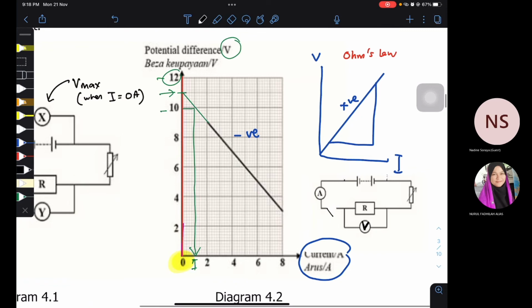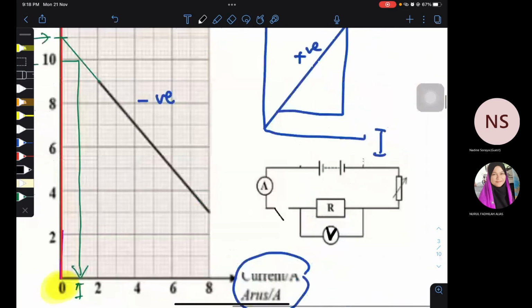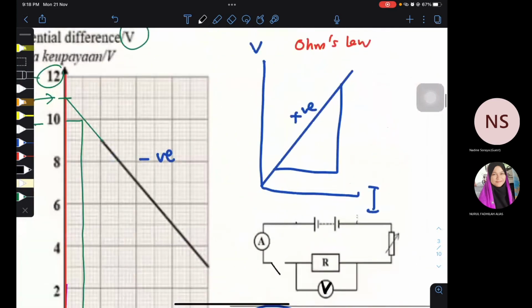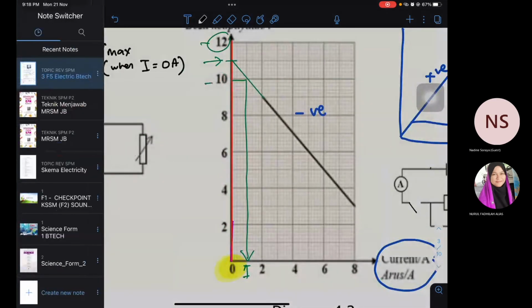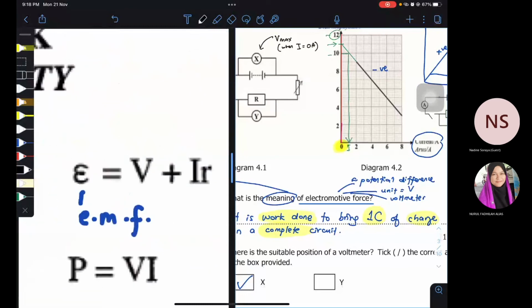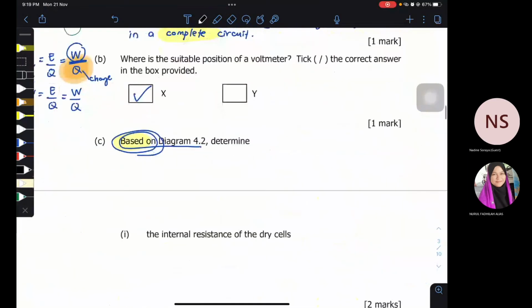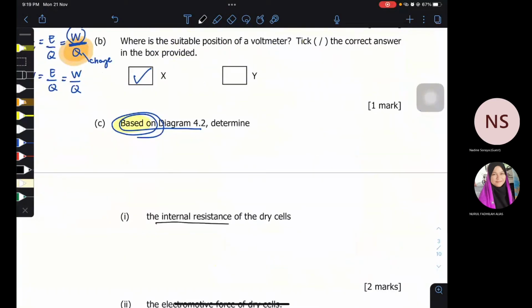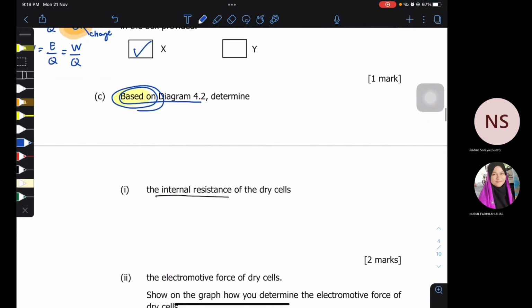So that, let's say, ada soalan dia macam ni. Tapi for this time, soalan kita negatif. Okay, jadi kita kena tahu, tengok balik dalam formula sheet, kita ada satu formula ni. Jadi kita dapat kat sini, dia soalan nak apa? Soalan nak internal resistance. Jadi you kena tahu, internal resistance can be obtained by calculating.